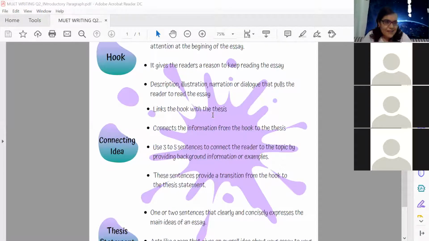Look at the details. You just want to find out more about what this is. I just want to know, is it good enough for me to actually buy this, correct? So when you go online shopping, you click on it to find out, is this worth my money, correct? So that is the connecting idea.